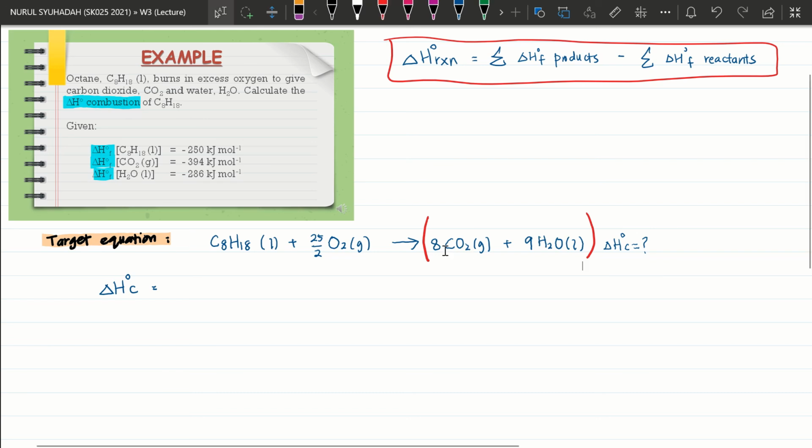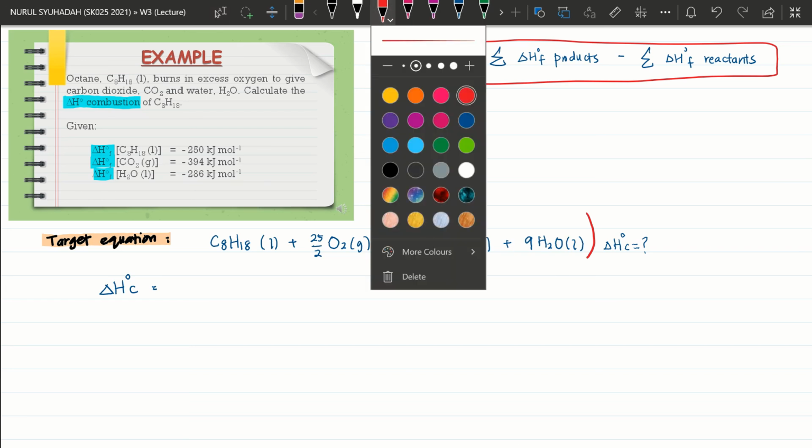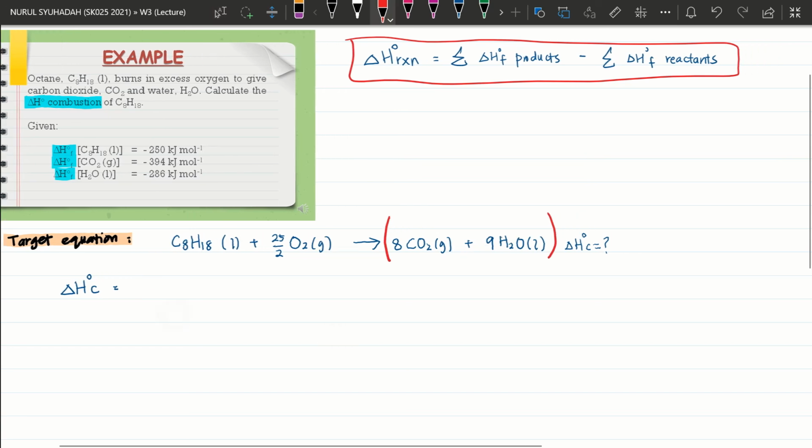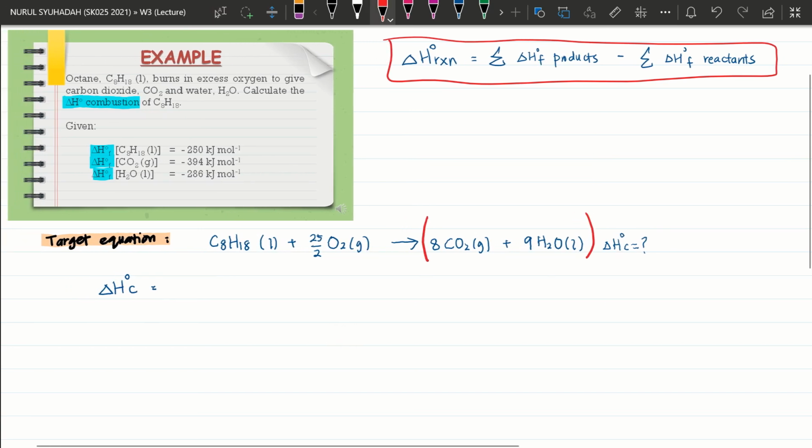For one carbon dioxide, the energy released to form 1 mole of carbon dioxide is negative 394. Since here you have 8 moles, you need to times the value by 8. Make a square bracket, just to differentiate between the products and reactants.